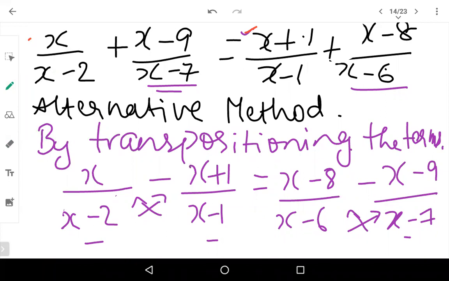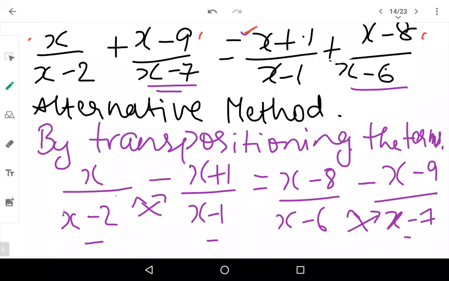So we took them onto one side, and then we grouped them as one part of the equation. That will be your left hand side. Now onto the right hand side, the second expression here and this expression are grouped on one side.